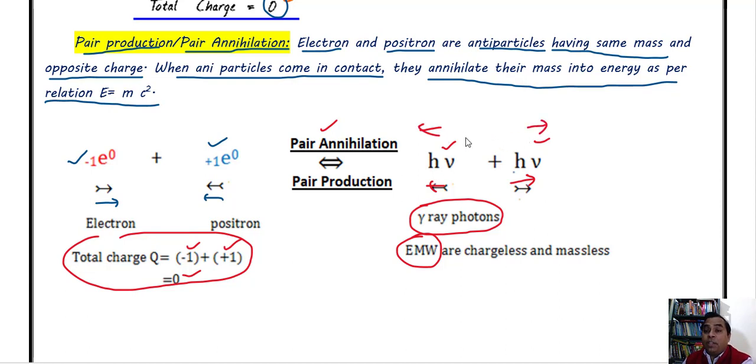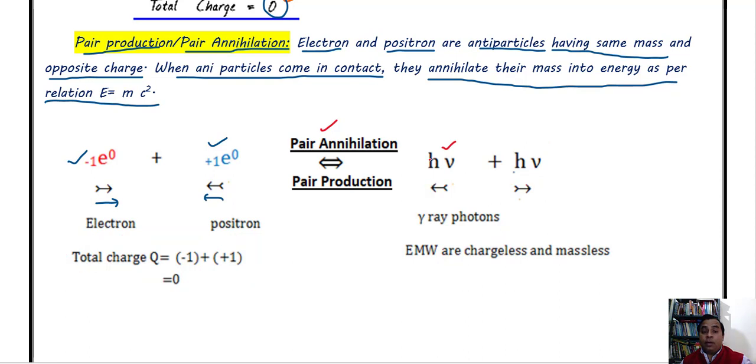So that is the first thing. Now I will take up just the opposite. There is another process which takes up the same thing in opposite light, and that is pair production. Let us take up this particular process. What will happen? Just opposite to it, let these two gamma ray photons come close to one another.